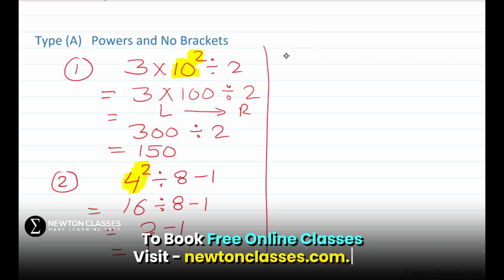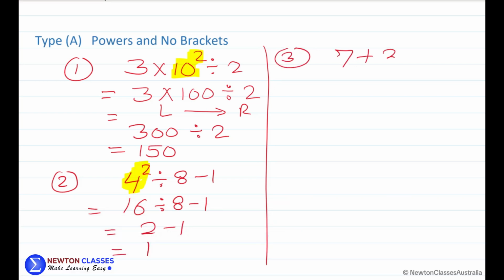Let us take one more interesting example: 7 plus 3 squared times 2. Now this is slightly tricky. Why? Because the plus sign is coming, but at the same time we have 3 squared. So definitely we have to do the squares first, as the rule says.